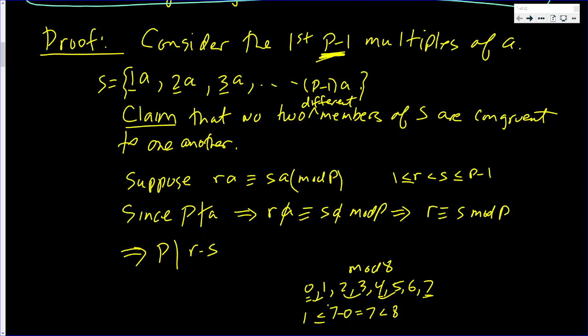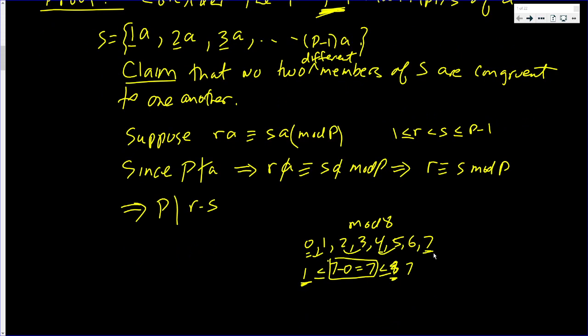That is, the subtraction is always between 1 and 7. The difference is always between 1 up to and including P minus 1. Okay, well, this is less than P.